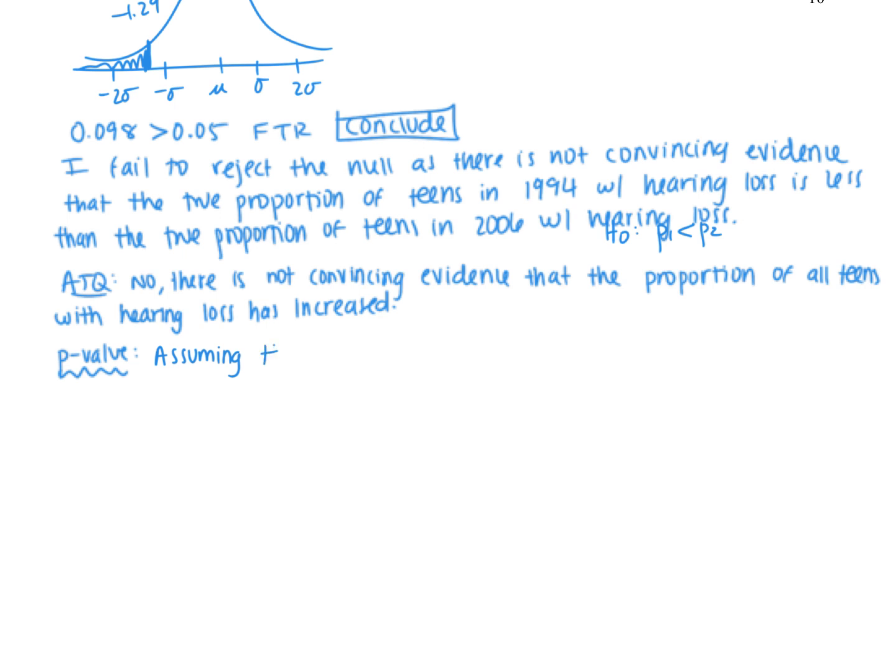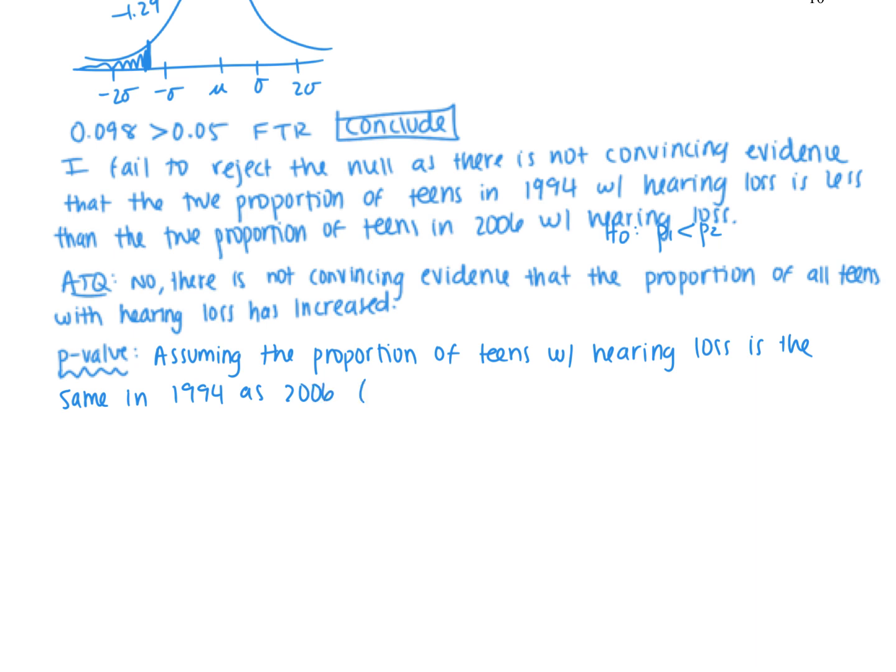So assuming the proportion of teens with hearing loss is the same in 1994 as 2006. So assuming P1 equals P2. So all I'm saying is assuming the null is true. I've just done it in context.